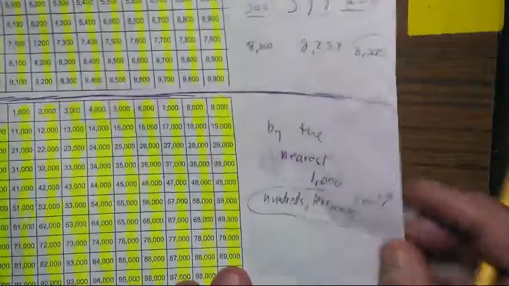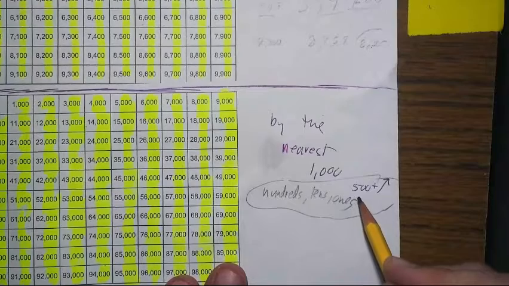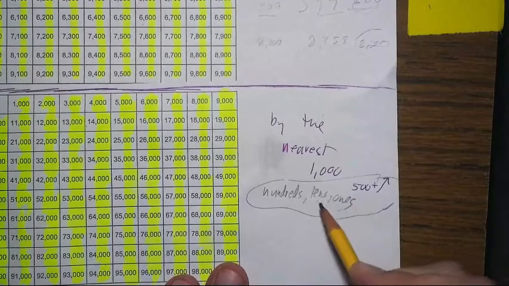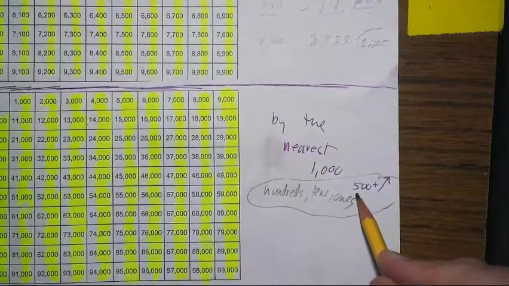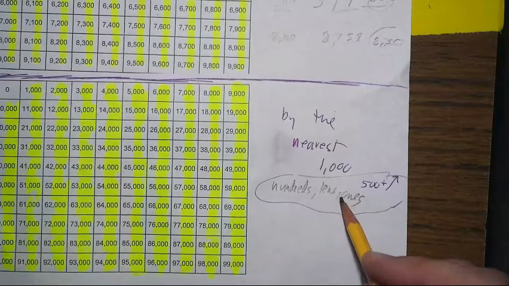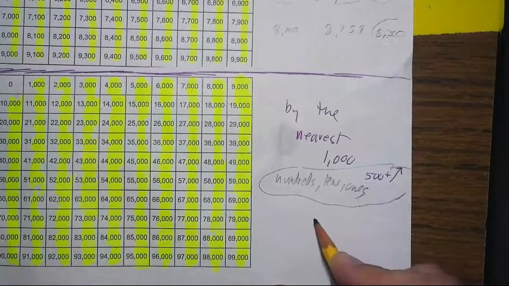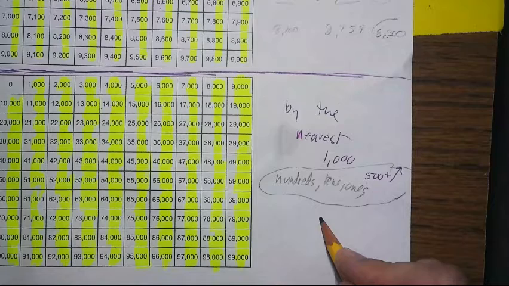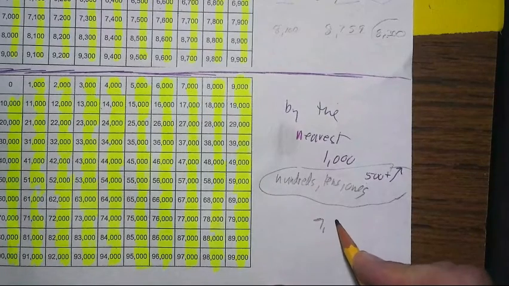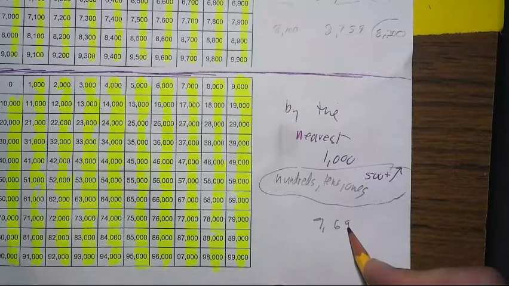Now, if we go by the thousands, that has to end in the 3 digits, the hundreds, the tens, and the ones. If that's 500 or more, you round up. 499 or less, you round down. So if I go something like, let's see, 7,699.